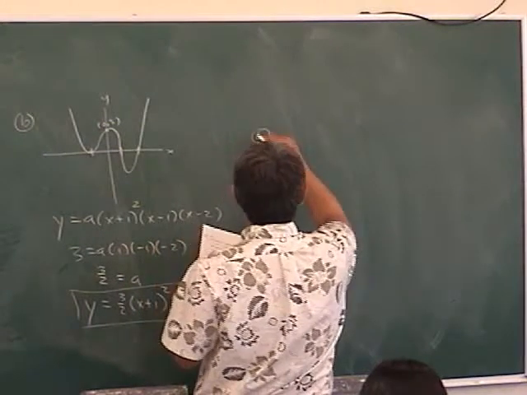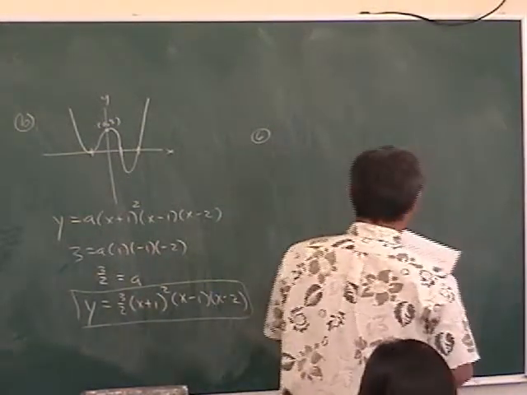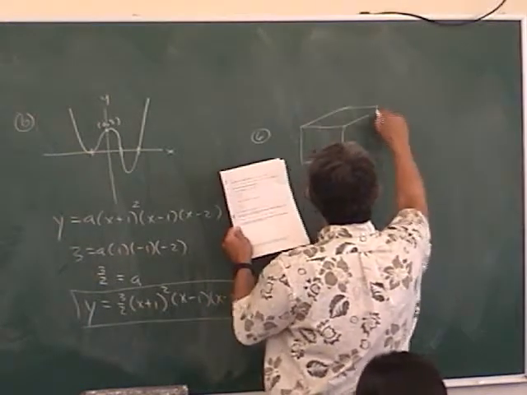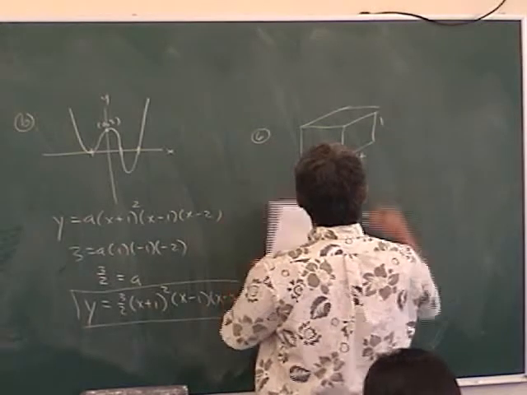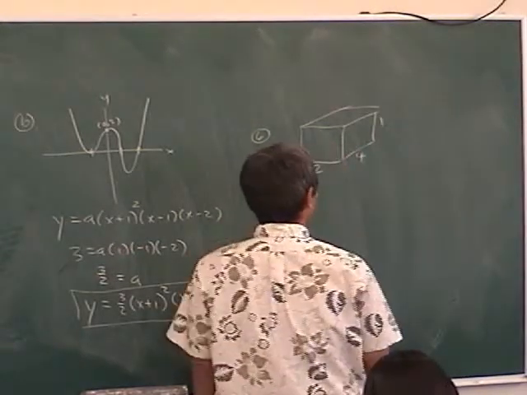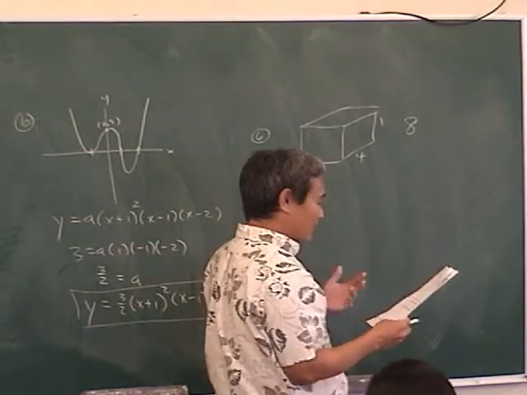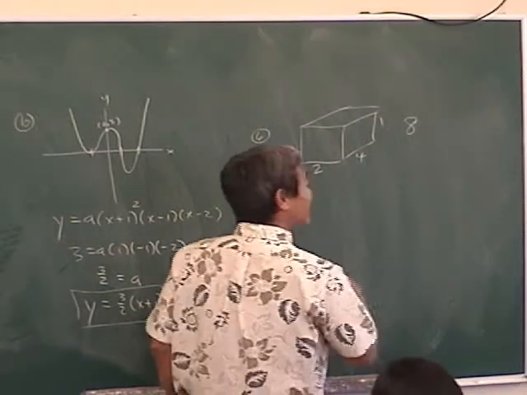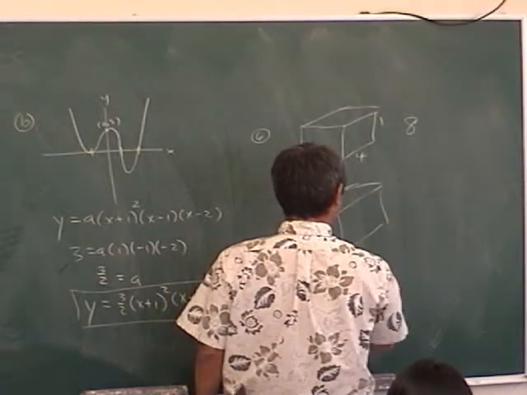I think we'll be seeing a word problem on Thursday's quiz where you have to solve it using your graphing calculator. Now, come on! You have a box. The length is 4, the width is 2, the height is 1. What's the volume of this box? 8. Okay, now it says, if each dimension of this box is augmented by x, what the heck does that mean, augmented? Increased by, isn't that on your list for SAT?